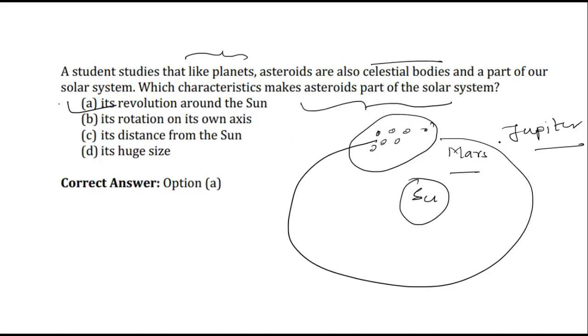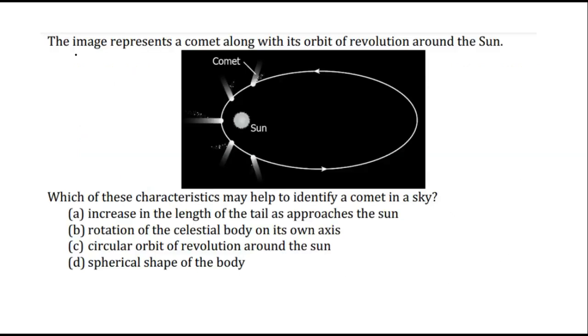Next question. The image represents a comet along with its orbit of revolution around the Sun. Which of these characteristics may help to identify the comet in the sky? Very simple. A comet is generally very icy, with a lot of ice deposited, and rocky also.